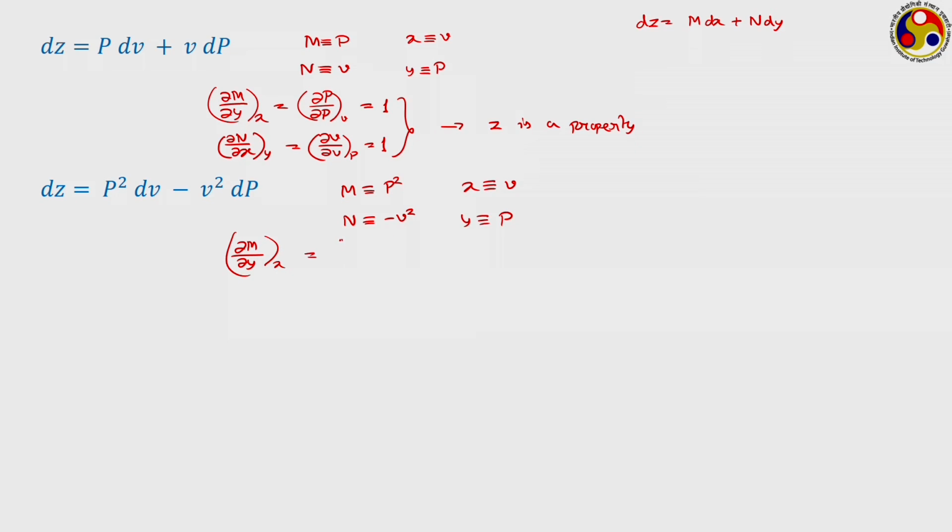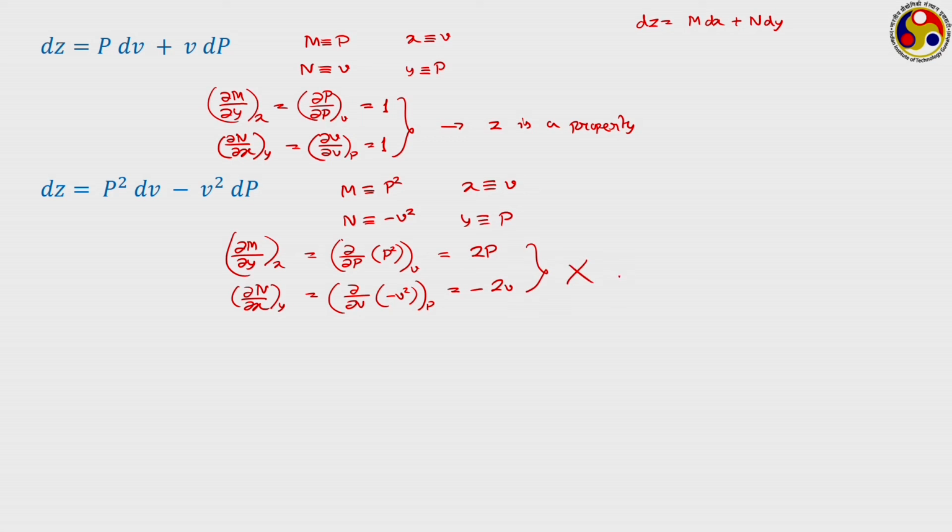Will be equal to dou p of p square with v constant, that is equal to twice p, and dou N dou x with y constant will be equal to dou v of minus v square with p constant, which is equal to minus twice v, and these two are not equal to each other.